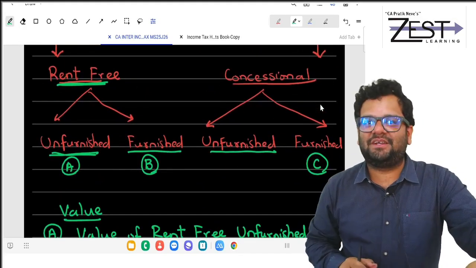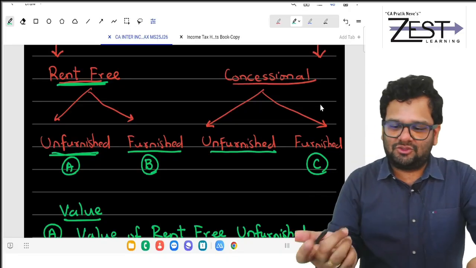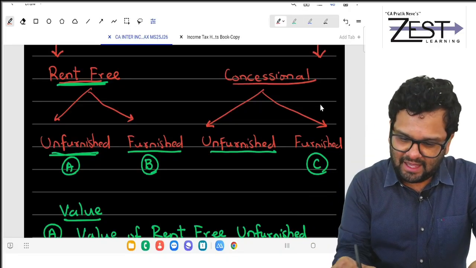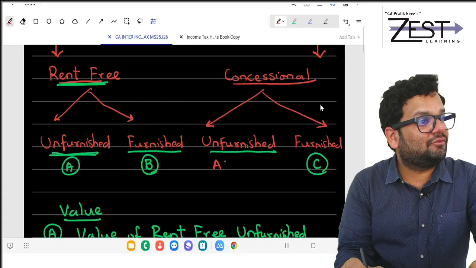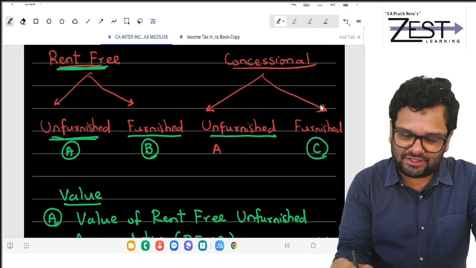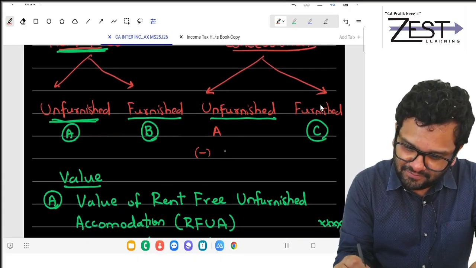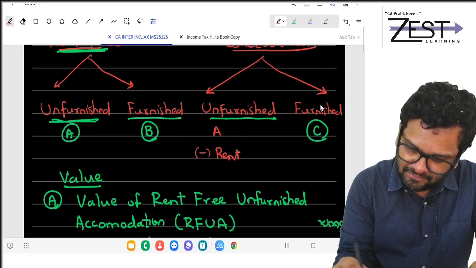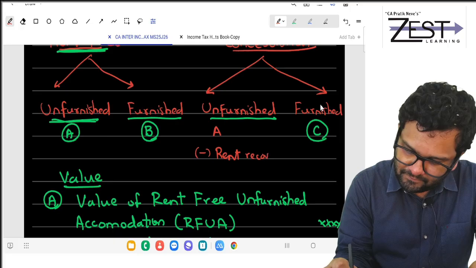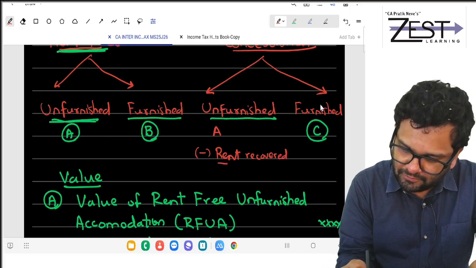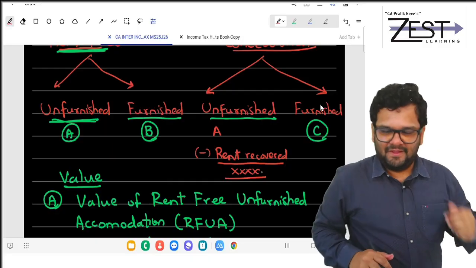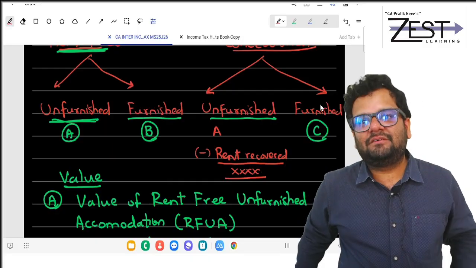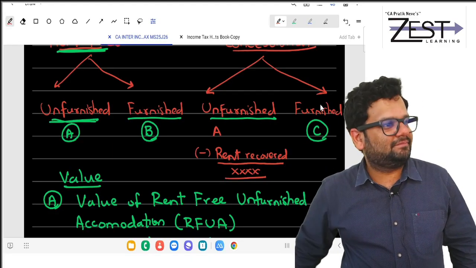So how will you get it? A. What is A? Rent free unfurnished accommodation minus rent recovered. Yes or no? That's it. Minus rent recovered. You are going to get this value.